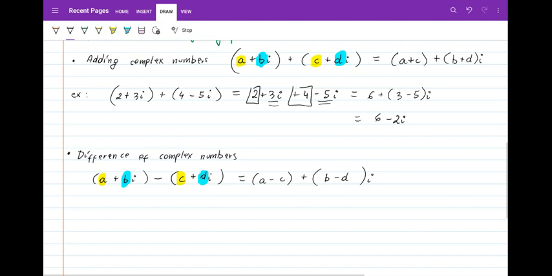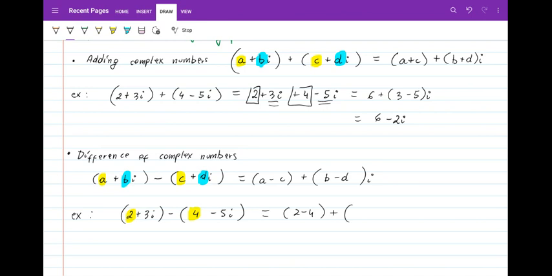Okay, and I'm going to do an example. 2 plus 3i minus 4 minus 5i. So I'm following the rule. I'm going to subtract the real parts. So I have 2 minus 4, plus, and I'm going to subtract the imaginary parts, which is 3 minus negative 5.